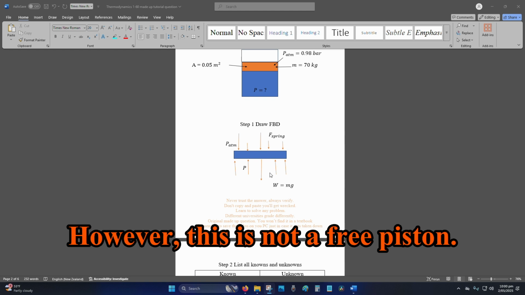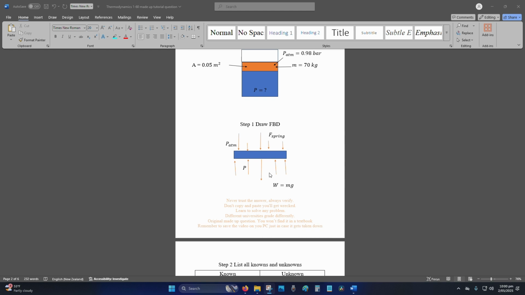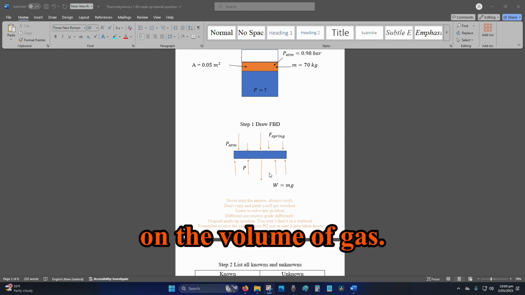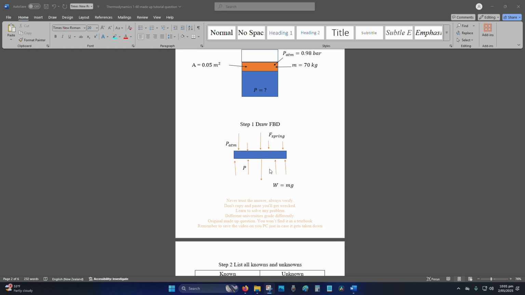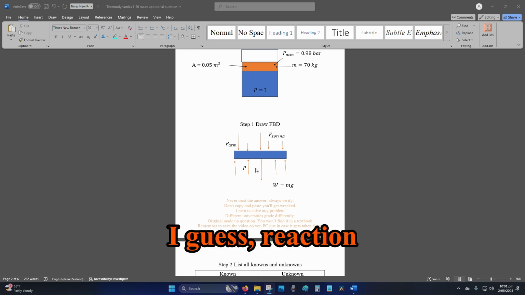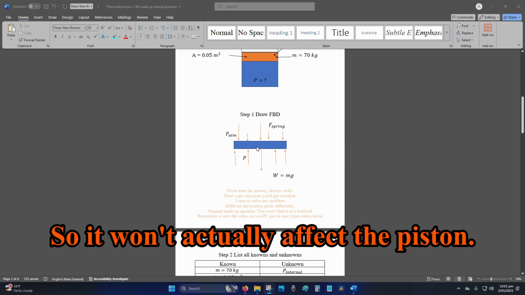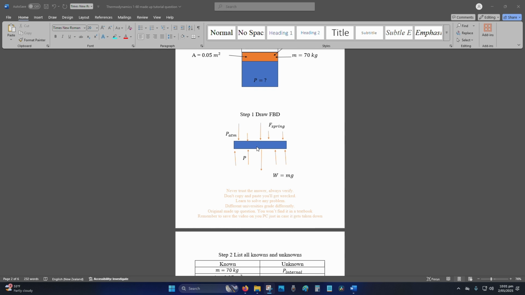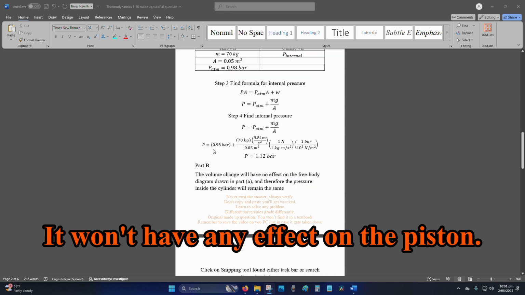However, this is not a free piston. This is a piston that is actively pushing down on the volume of gas. So the volume of gas doesn't have enough reaction force to push the piston, so it won't actually affect the piston. It won't have any effect on the piston.